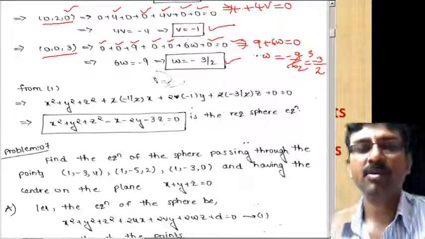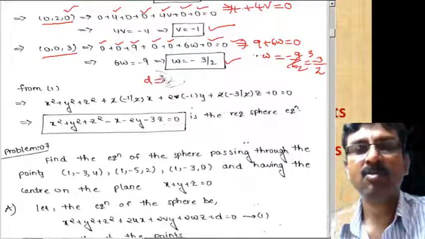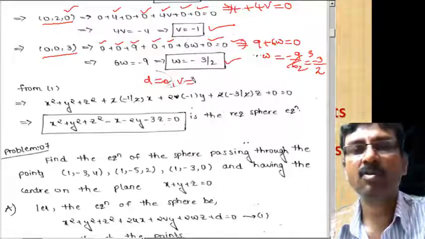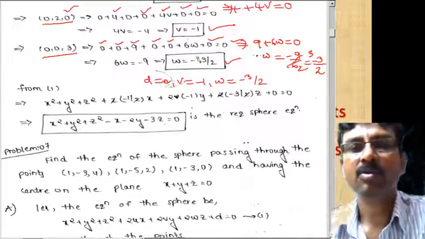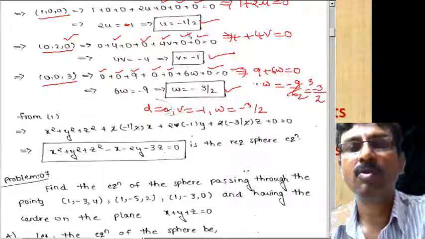So finally we have d equal to 0, v equal to minus 1, w equal to minus 3 by 2, and u equal to minus 1 by 2.